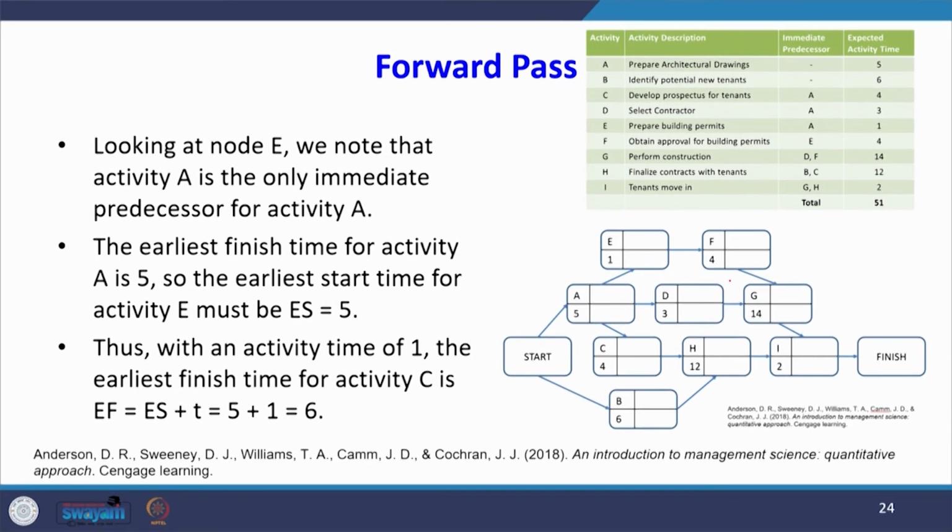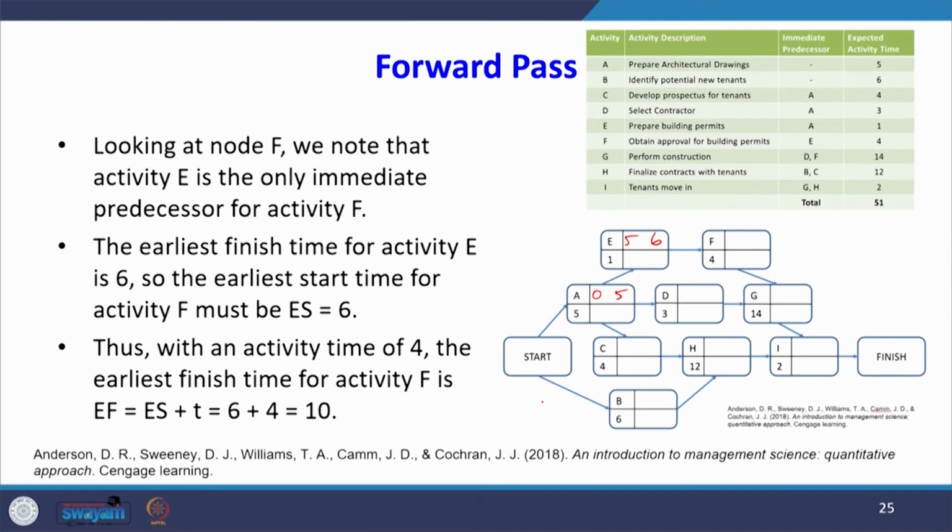Now, look at node E. We note that activity A is the only immediate predecessor for activity E. So, the earliest start time for E is 5, its duration is 1, and 5 plus 1 is 6.